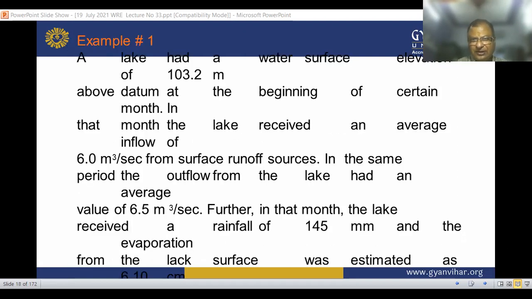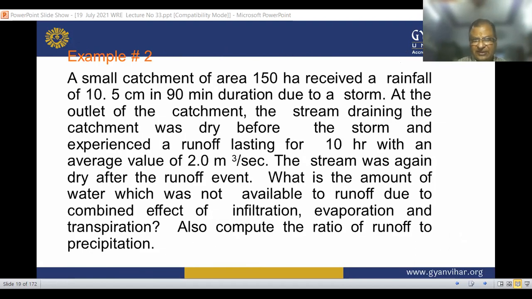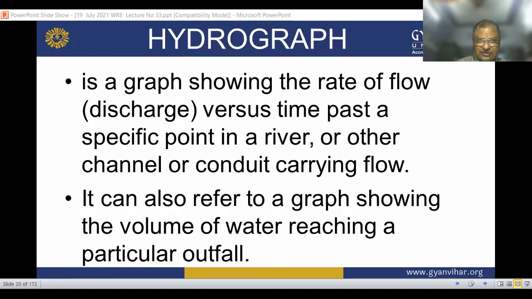So this is example 1, and this is example 2. Now we will discuss a theoretical topic, the hydrograph. It's a graph showing the rate of flow, discharge, versus time passed at a specific point in a river or other channel or conduit carrying flow.